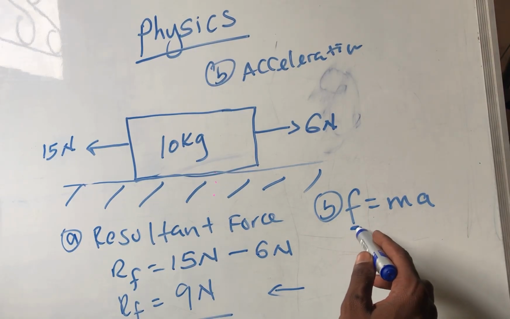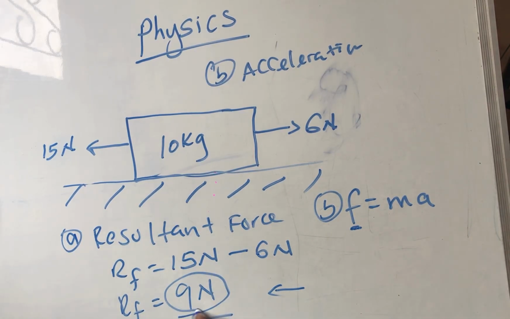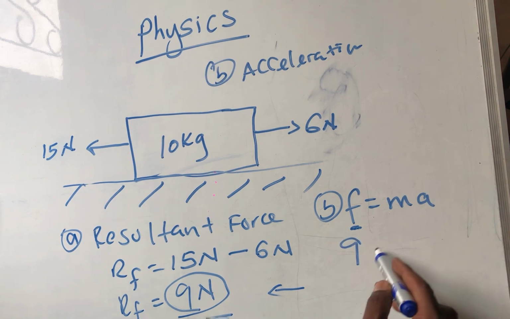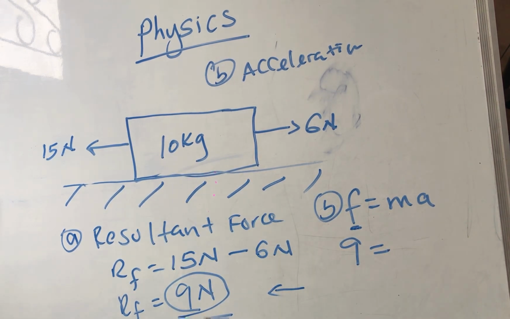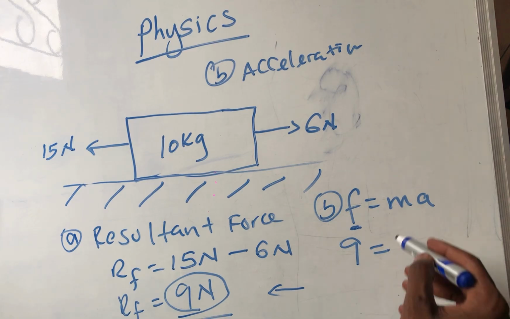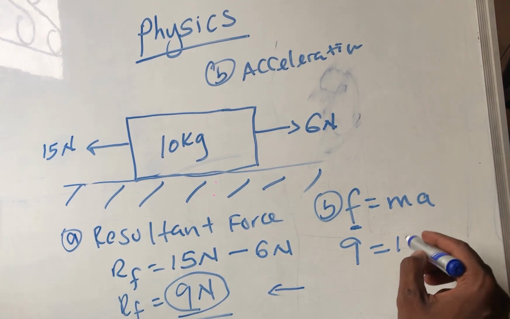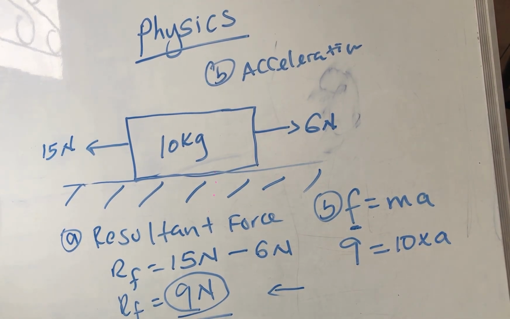The force that we're going to use here is this resultant force. So we're going to put 9 here, equals the mass, which is 10. You must always ensure that the mass is in kgs. So if this mass was in grams, we would have had to convert to kilograms. So the mass is 10 times the acceleration, so 10A equals 9.